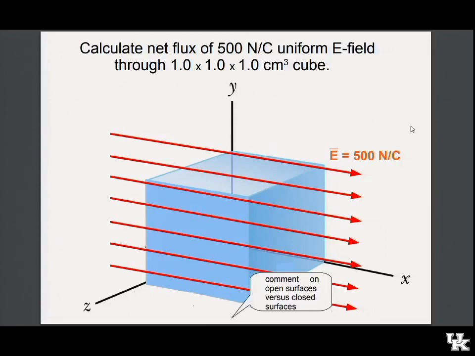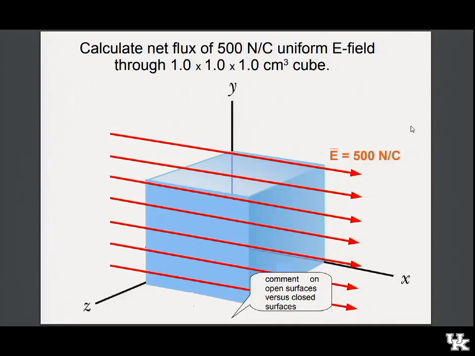In that uniform field, we placed a cube that is 1 centimeter by 1 centimeter by 1 centimeter. Here it is, in blue. And the question is, what is the total flux of electric field through that cube?